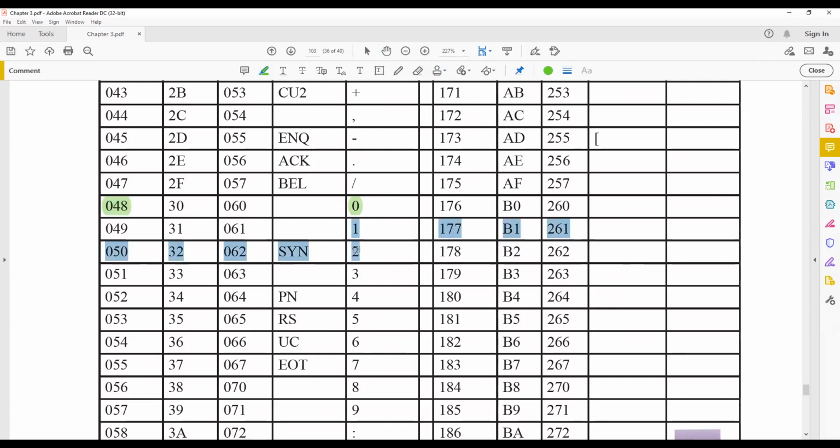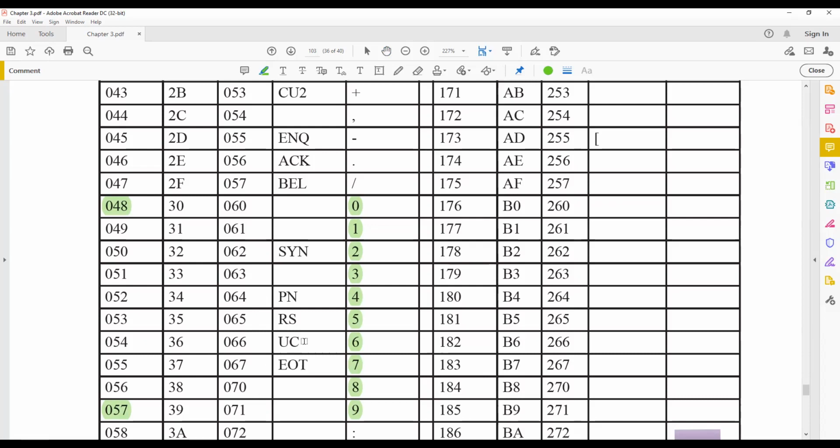Likewise, we have 1, 2, 3, 4, 5, 6, 7, 8, 9. So the numbers go from decimal 48 to 57. So the numbers 0 to 9 are represented using ASCII with decimal numbers 48 to 57.